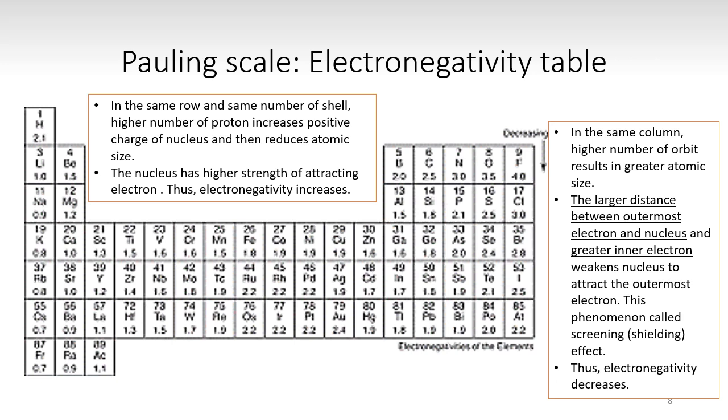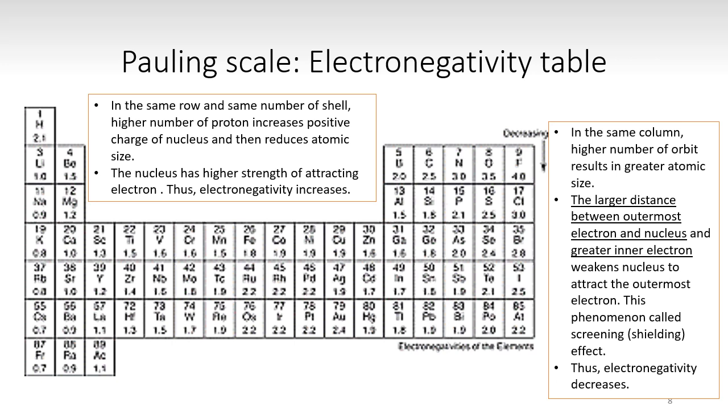From left to right, in the same row and same number of shells, higher number of protons increases positive charge of nucleus and then reduces atomic size. The nucleus has higher strength of attracting electrons towards it. Thus, the electronegativity increases.